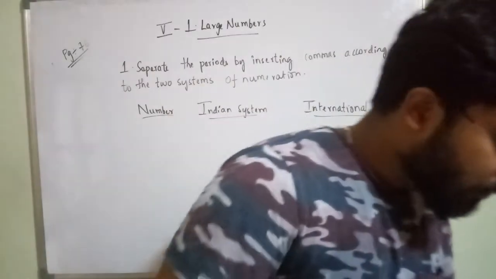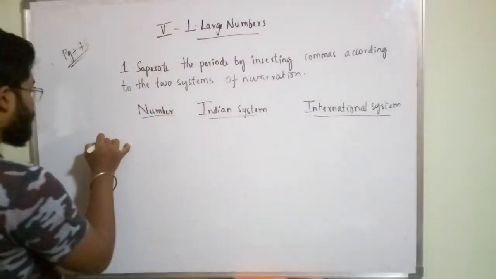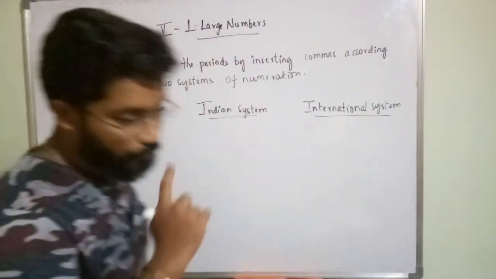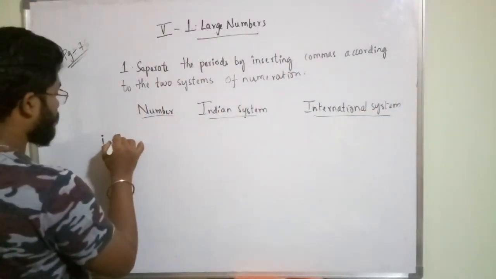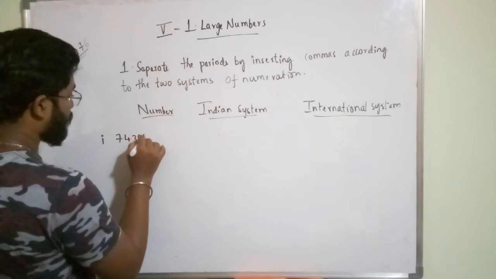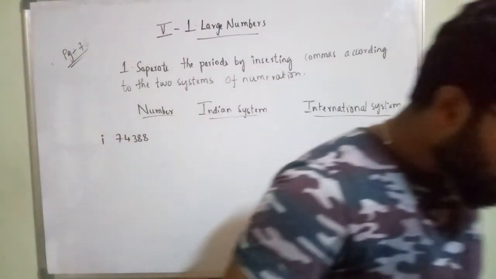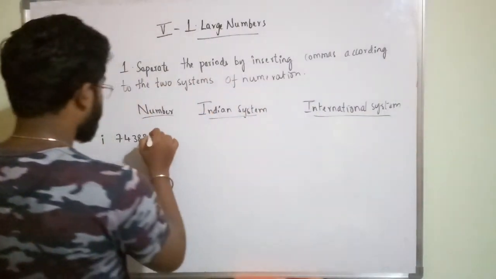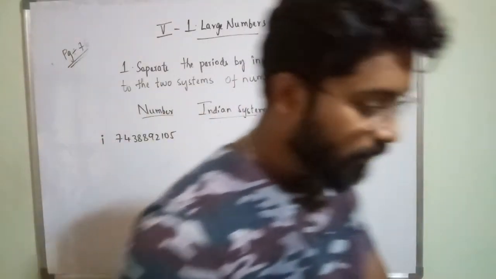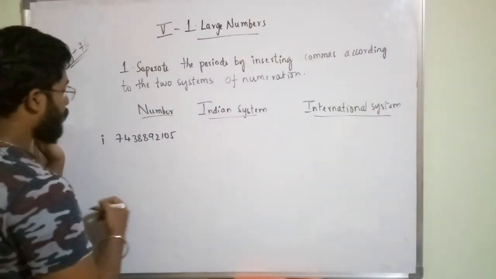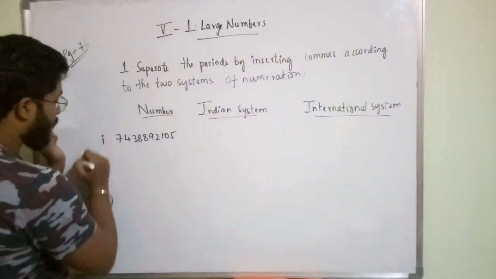Okay, so I, what is the number? 74388 92105. Next, how to represent it in the Indian system, and how to represent it in the international system. So what is I, J?